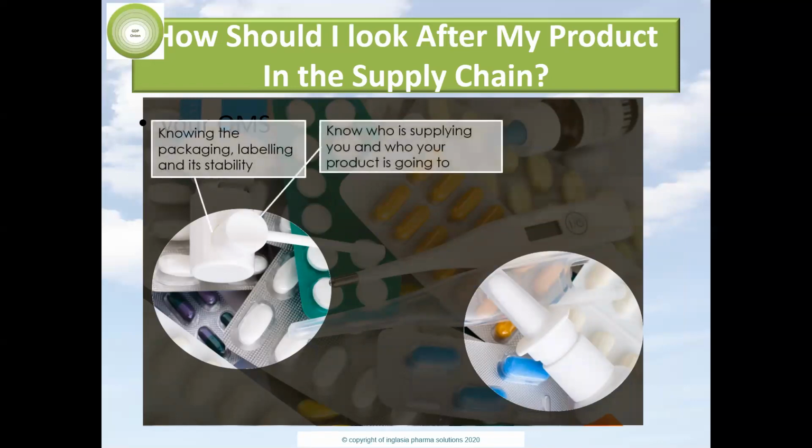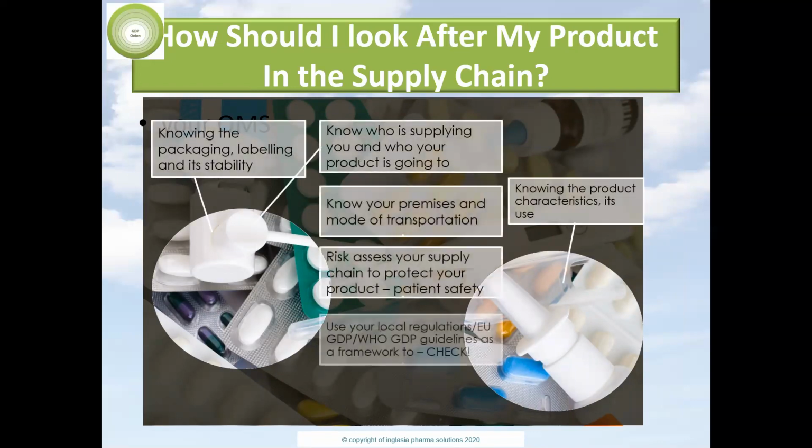So how do I look after my product in the supply chain? Know the packaging, know the labeling, know your product stability, know exactly what condition the product should be stored in and transported in. Some products are very fragile. They can get damaged during transportation. So how are you packaging it? Are you packaging it securely? Is it temperature sensitive?